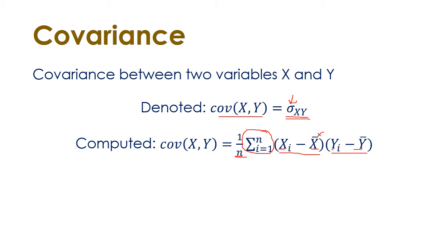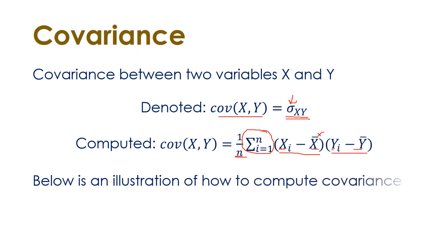You first of all get the deviations of each variable from their mean separately, the x's from their mean, x bar, and the y's from their mean, y bar, and then you multiply those two, then you sum and divide by n. That gives you the covariance.